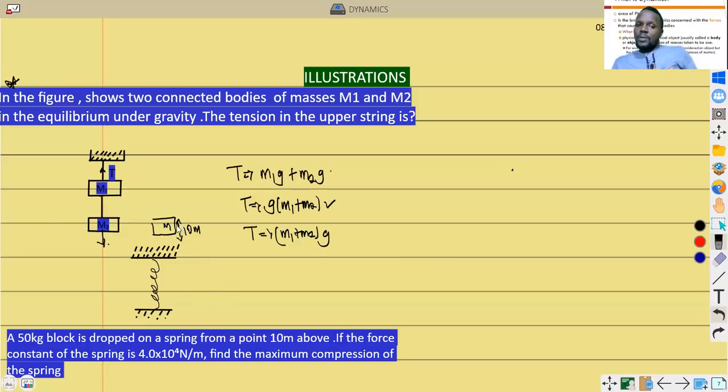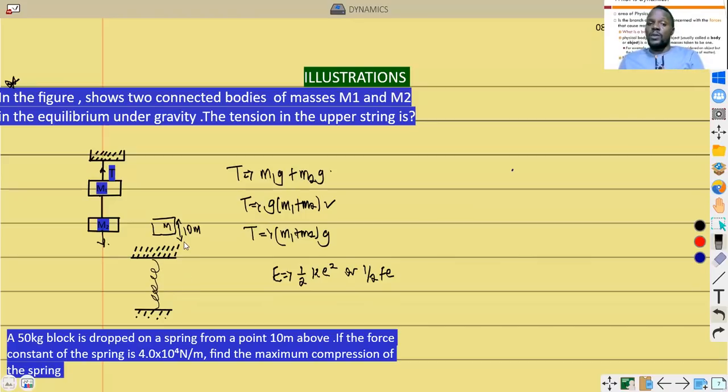Work has now been converted to what? To compression energy, which we've talked about in what? In spring force, we said the energy in spring force is half ke squared. Or you say half fe, anyone you want to use. Watch the work energy stuff. Work has been done to compress this.